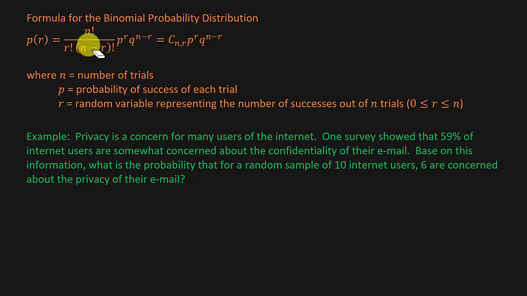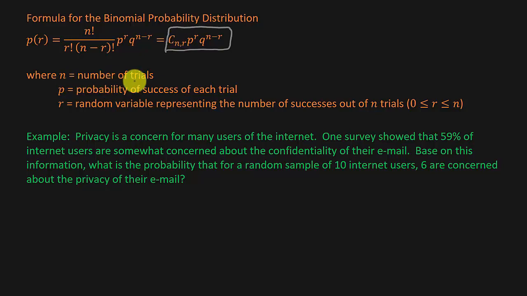So really all you need to look at is just this right here. Because, yeah, if you're punching it into a calculator, you can use this formula to punch in combination. But remember, pretty much every calculator, scientific or graphing, will calculate combinations for you. So you can just do the combination in your calculator.